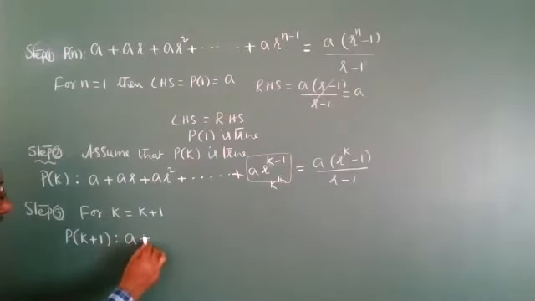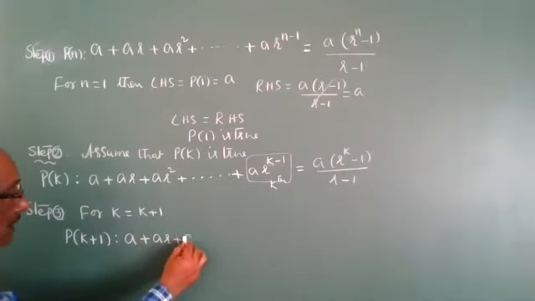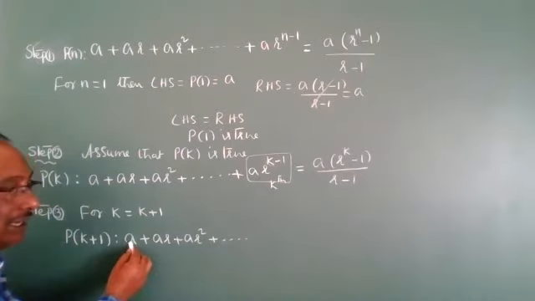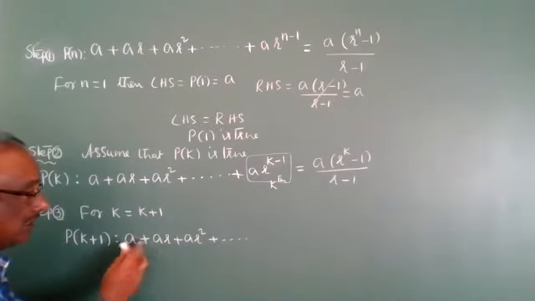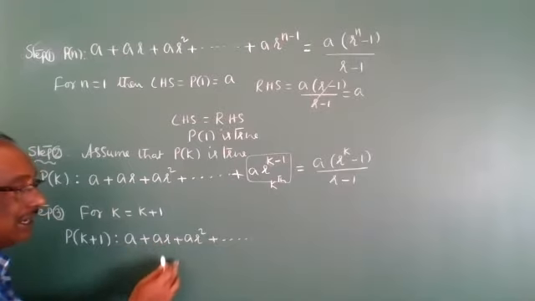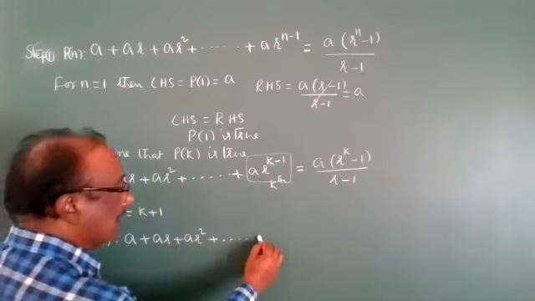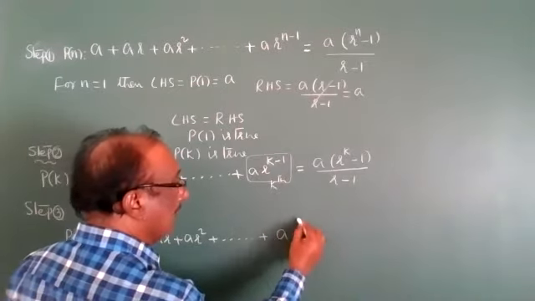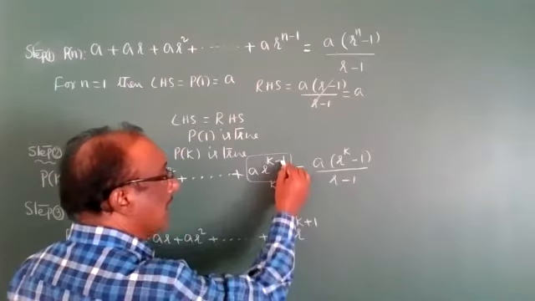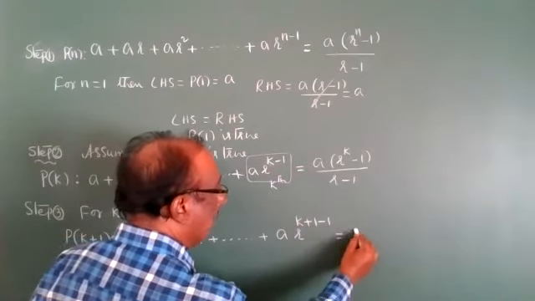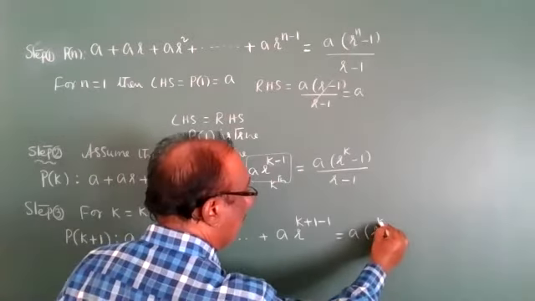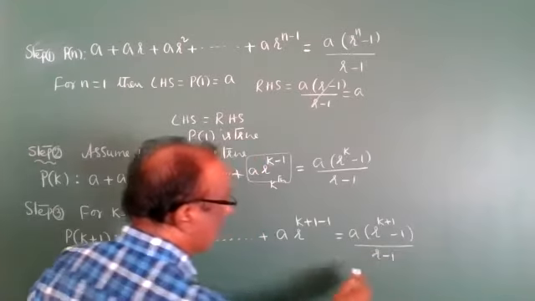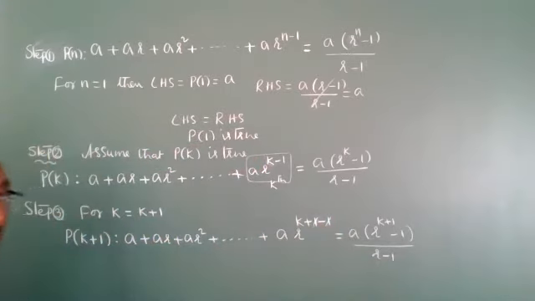First number is A, second number is AR, third number is AR square, and dotted. So k plus 1 terms is A into R power of k plus 1 minus 1 upon R minus 1. Minus 1 plus 1 is cancelled.